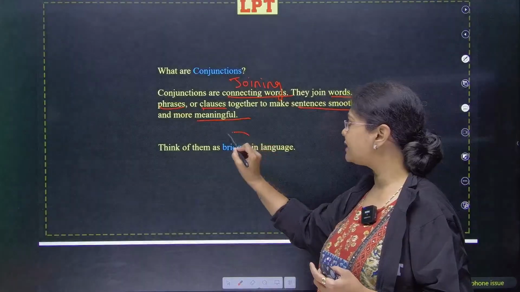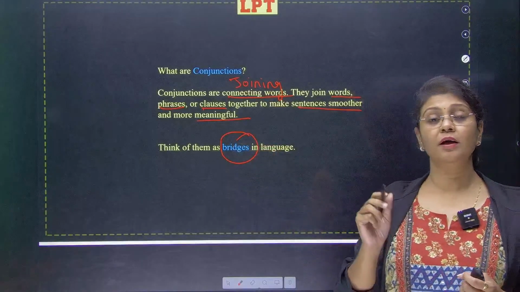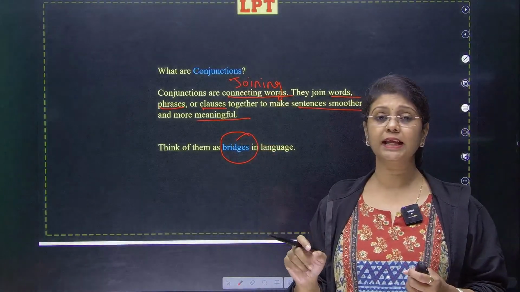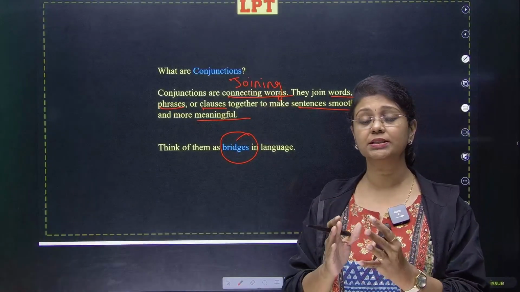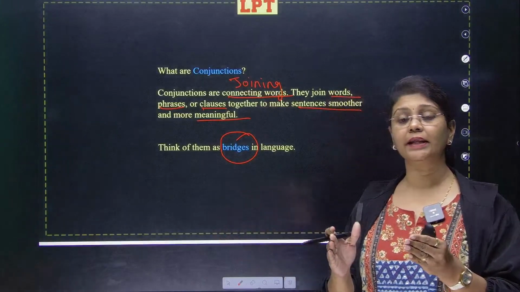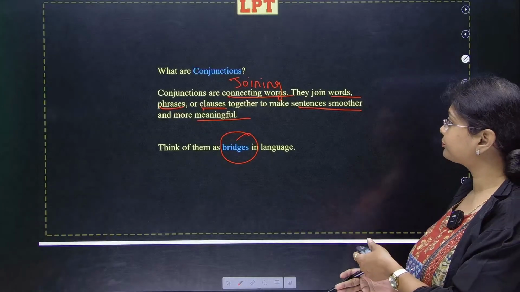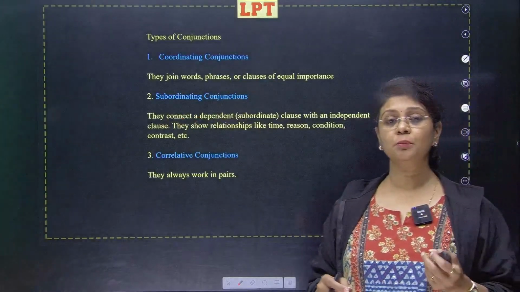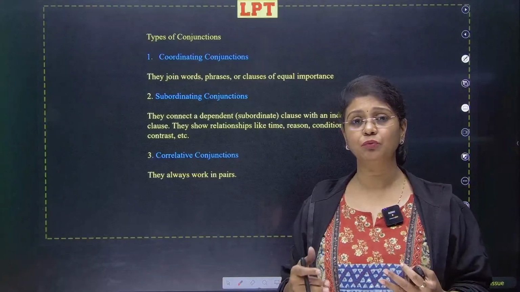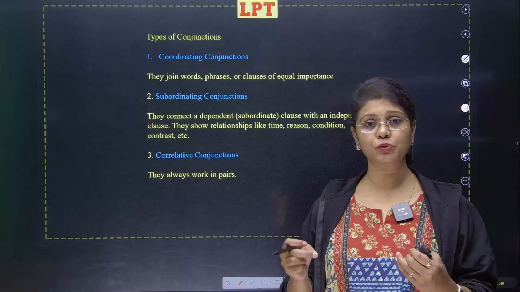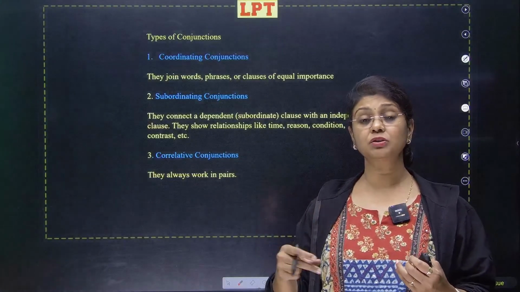Think of them as bridges in the language. So when you talk about conjunctions per se, they are acting as bridges in the language. So they basically connect or they basically join. Types of conjunctions is important, although you really don't have to classify conjunctions as such, but you should know what conjunction belongs to what category.